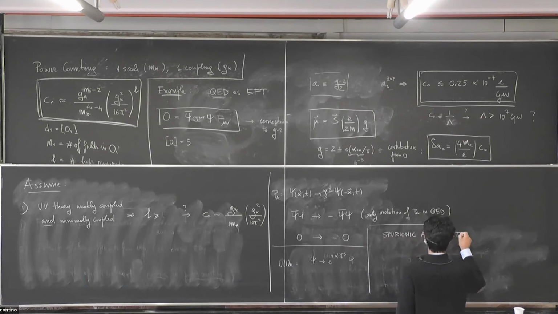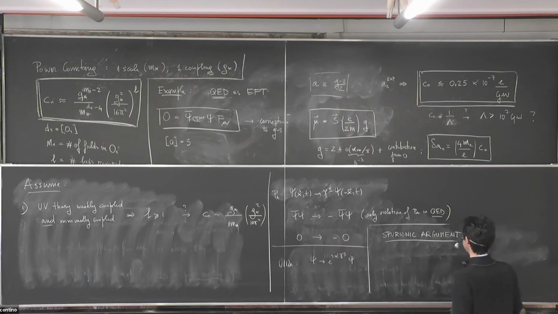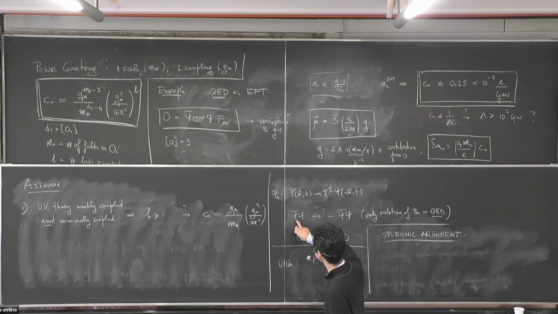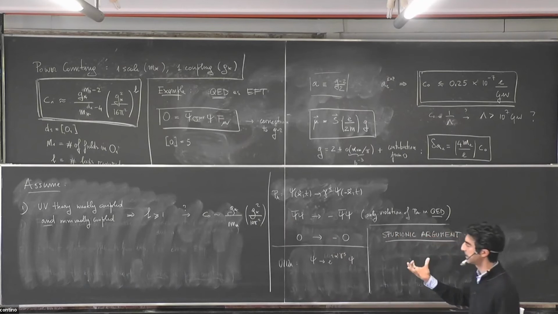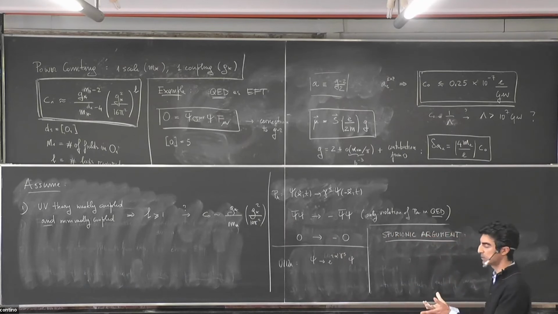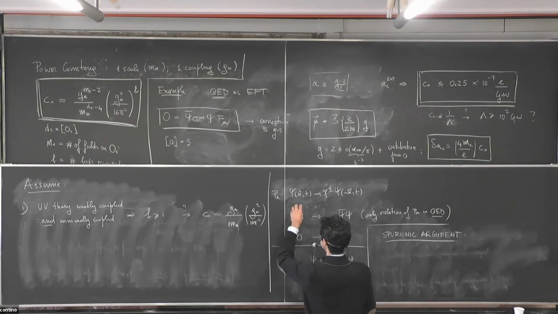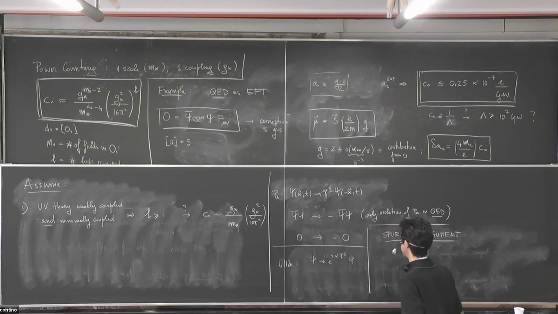In other words, you can consider the coefficient of this mass term, the mass coefficient, not as a coefficient, but as a field. You can assign a transformation rule to this coefficient in such a way that the product coefficient, which now will be referred to as a spurion, times operator, is invariant under the symmetry.